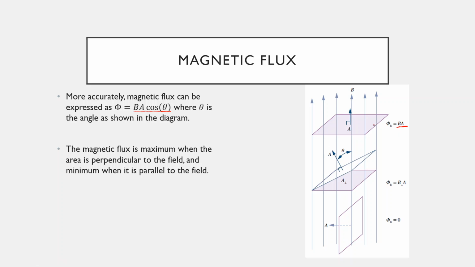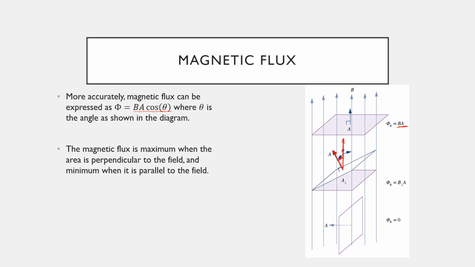When you start rotating this area a little bit, you'll notice that this perpendicular vector to the area, this arrow here, you take the angle between this arrow and the field lines themselves. That angle there is theta. If you want to work out the flux, then you do B times A, but you also multiply by this cos theta to account for the fact that there is technically less area that the flux is going through.